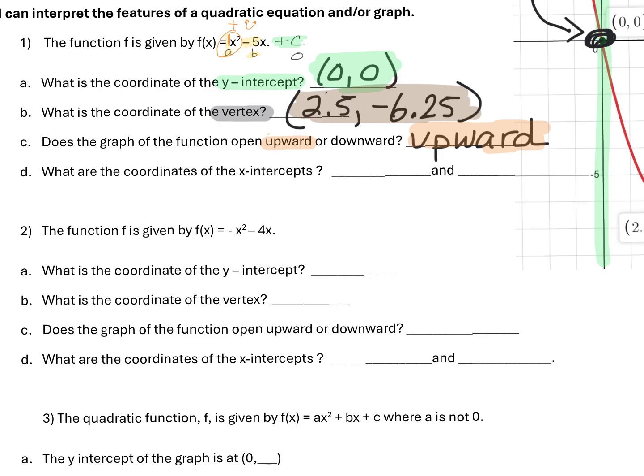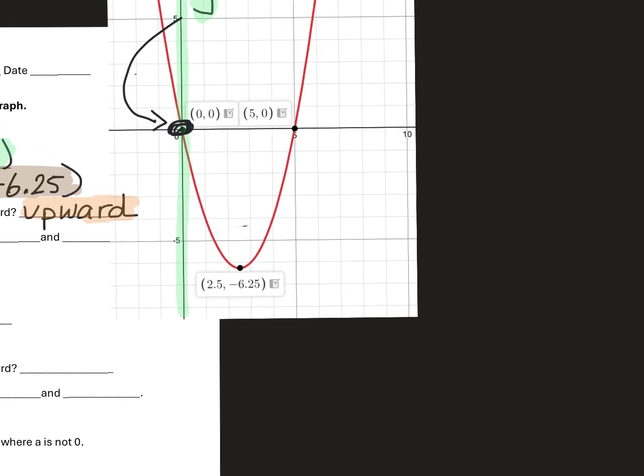The last part of the question asks what are the coordinates of the x-intercepts? And remember that the x-axis is this one that goes in this direction.